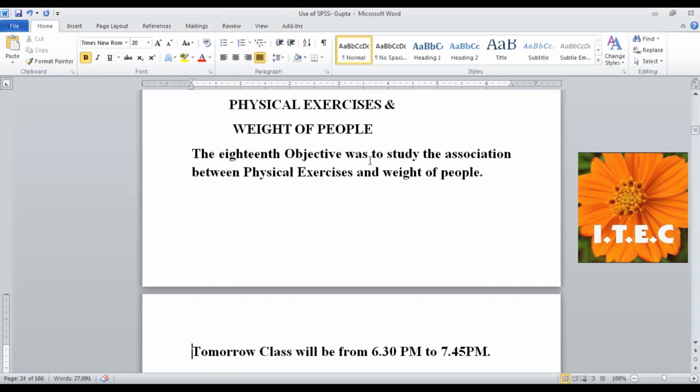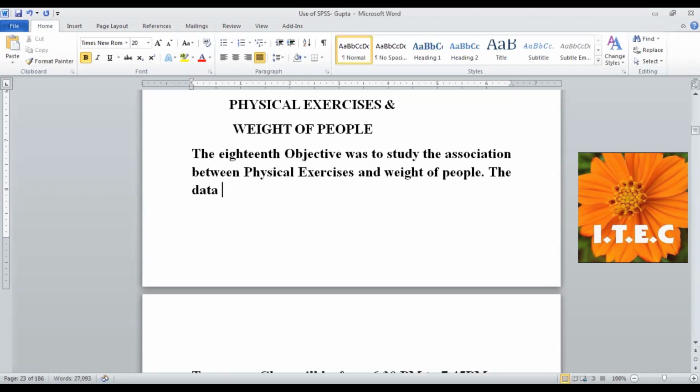Okay. Now the 18th objective was to study the association between physical exercise and weight of people. The data were analyzed with the help of McNemar's test.